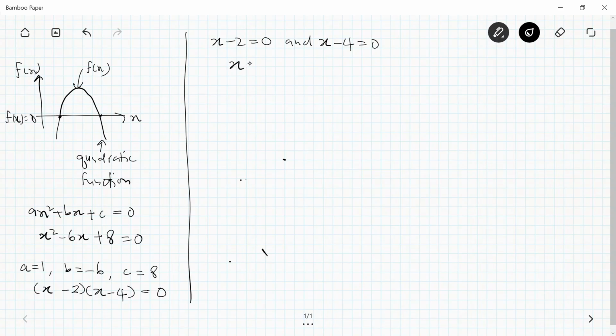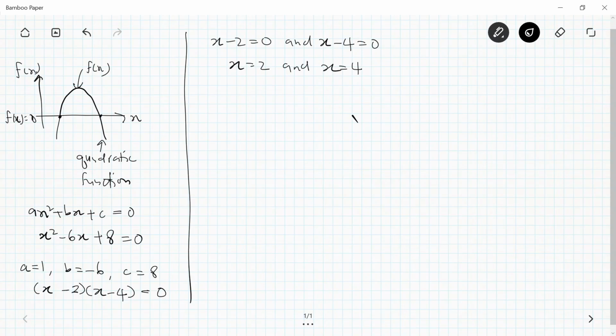So x equal to 2 as one root, and x equal to 4, the other root. There are two roots here. Why two roots? Because it is a second order equation. So one is 2, one is 4.